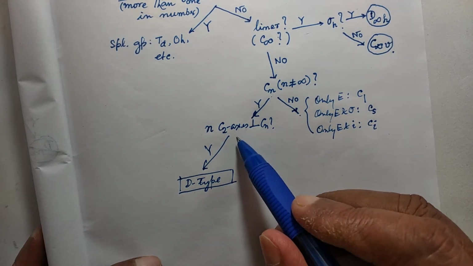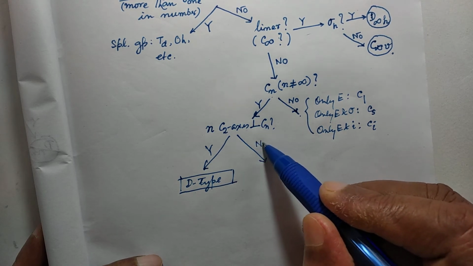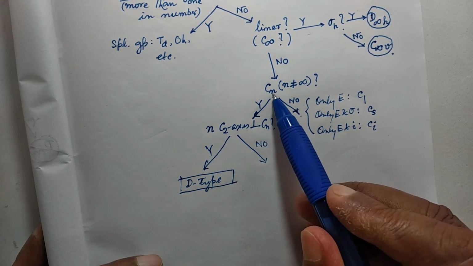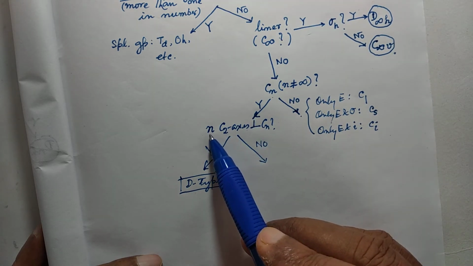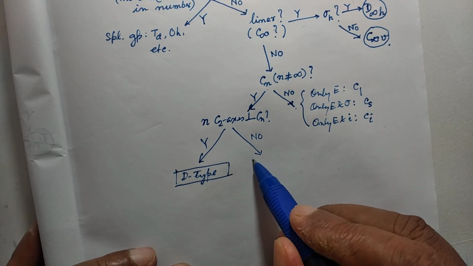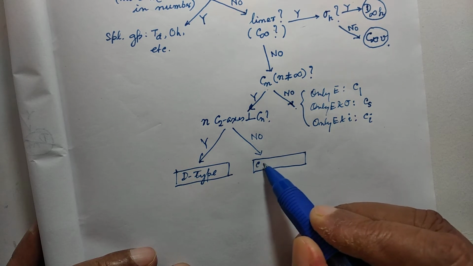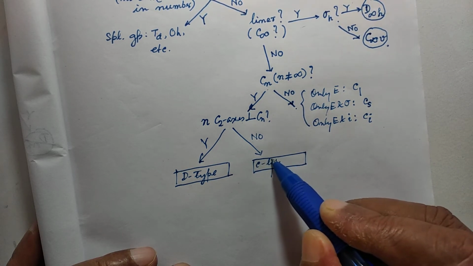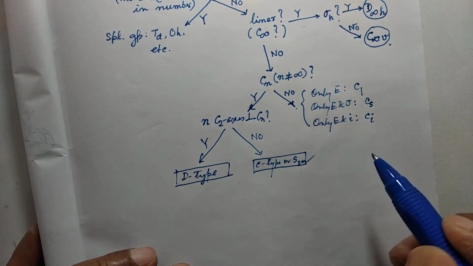Now here, if this answer is no, that means that a Cn axis exists, but there is no C2 axis perpendicular to that Cn. Then the object belongs to either a C-type point group, or the point group may be S2n.